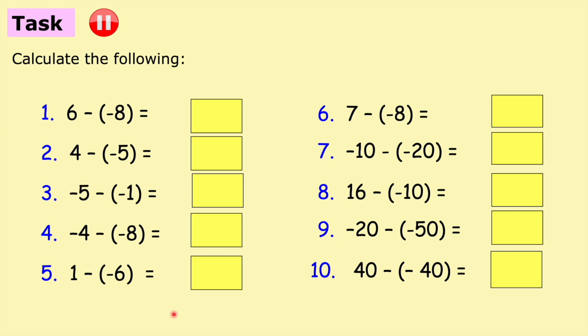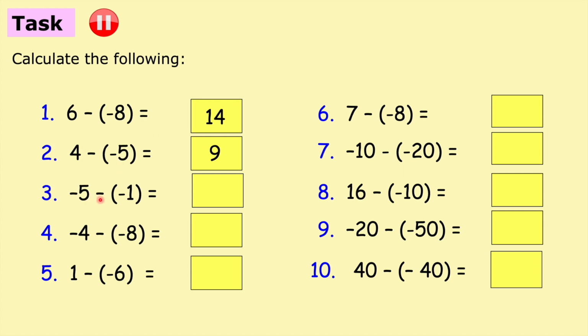Okay, hopefully you have unpaused and you've managed to give these questions a go. So first answer, 6 subtract negative 8. I'm subtracting a negative. I can swap that to an add, so 6 add 8 to get 14. Then I'm going to swap this double negative, 4 add 5 to give me 9.